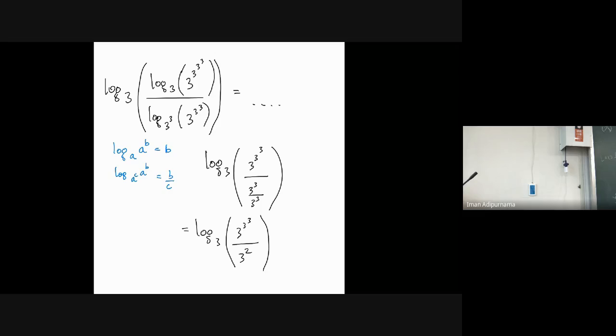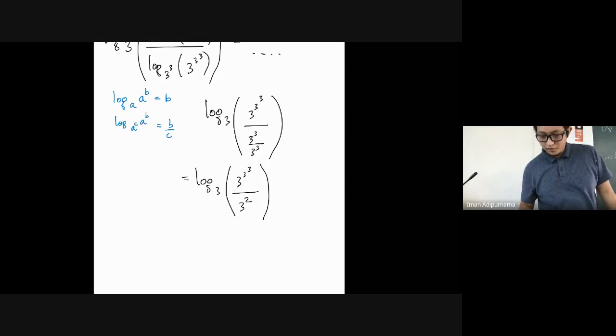So the rest is, because it's divide, let's subtract. Okay, let's subtract this log 3, 3, 3, 3, okay, minus log 3, okay.